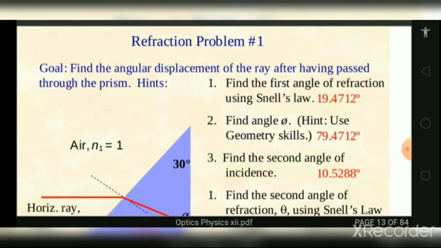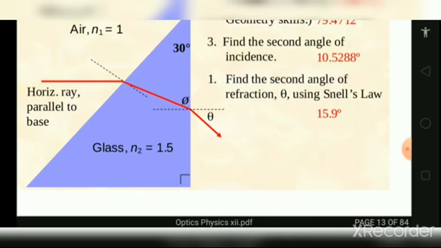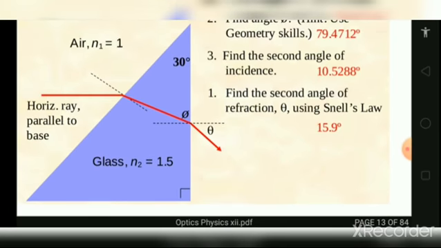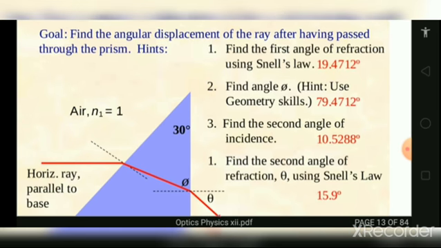There are a few problems. For example, you have a kind of diagram or object which bends in this manner, considered a prism. Now you have to find the angular displacement of a ray after it passes through a prism. These are the hints for the sum.